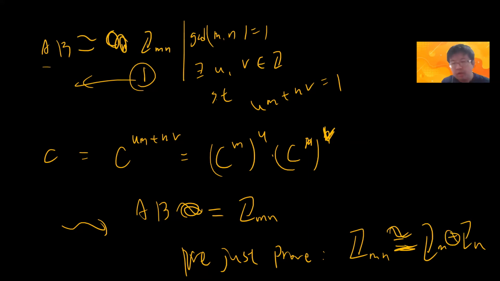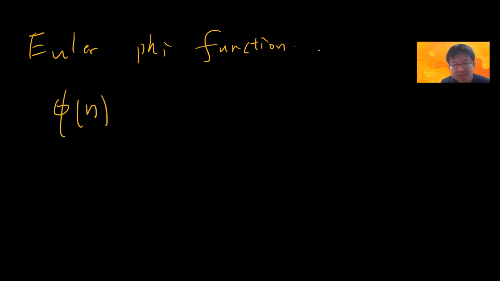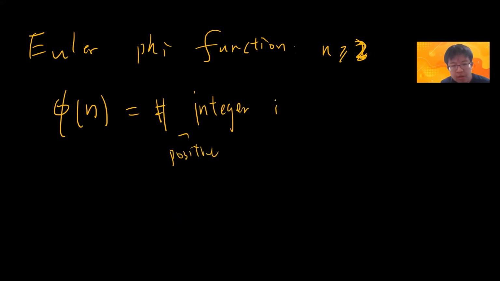Okay, so now we can prove the famous result about the Euler phi function. I think everyone knows about the Euler phi function. If you don't know that, maybe you should leave my video. So phi of n, for each n greater than 2, will be the number of positive integers coprime to n.